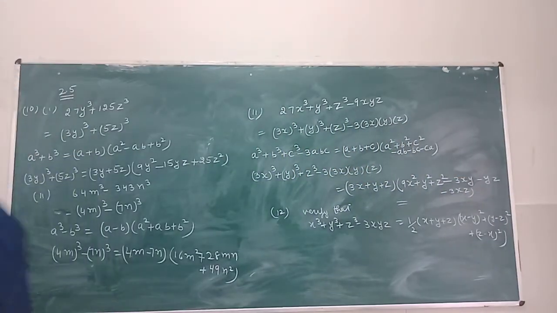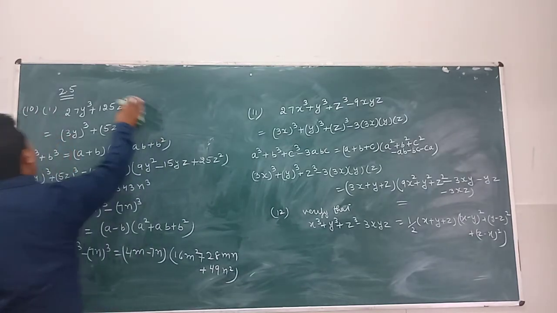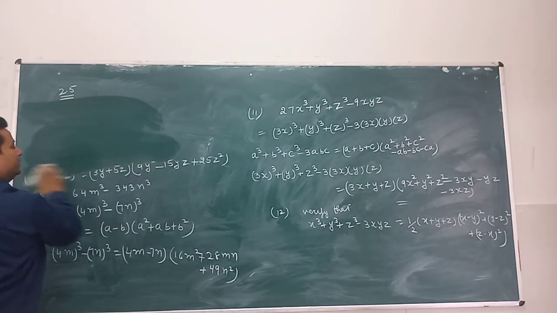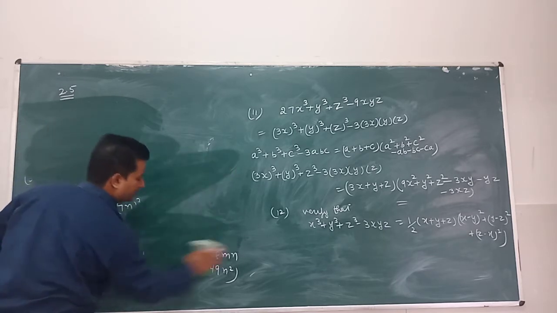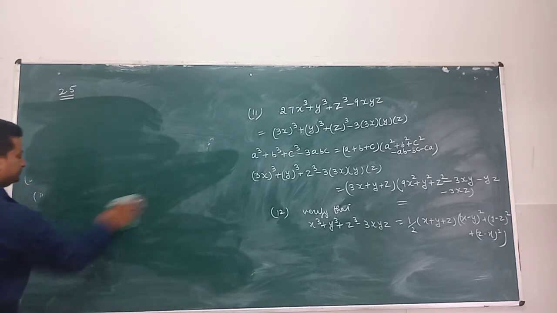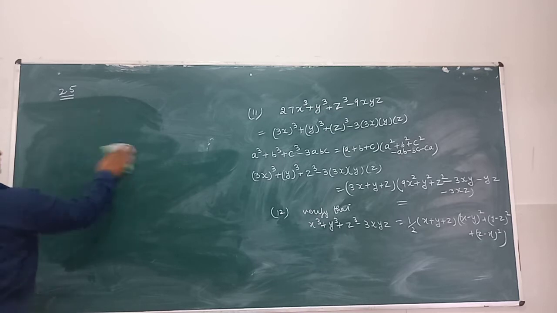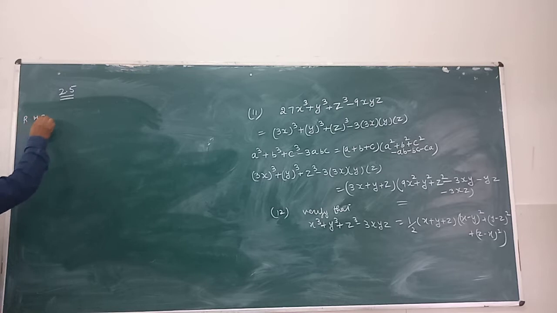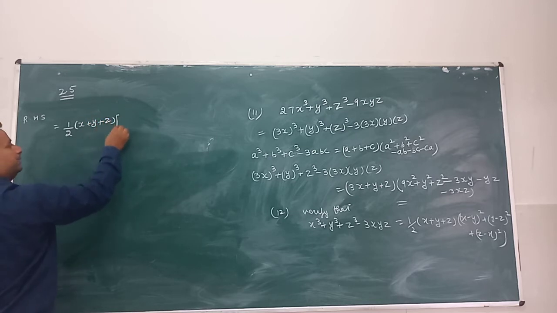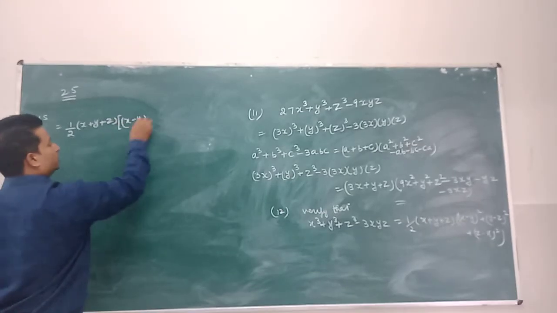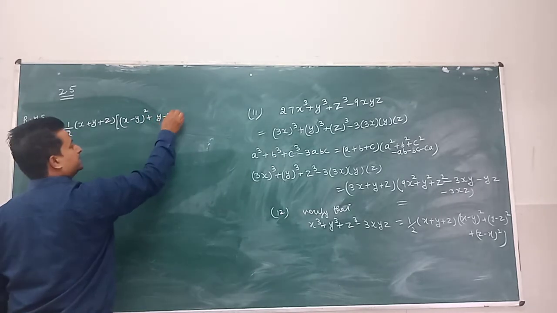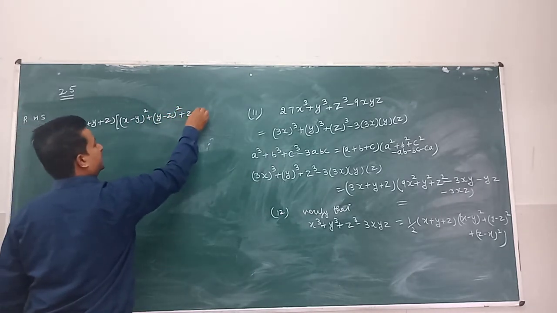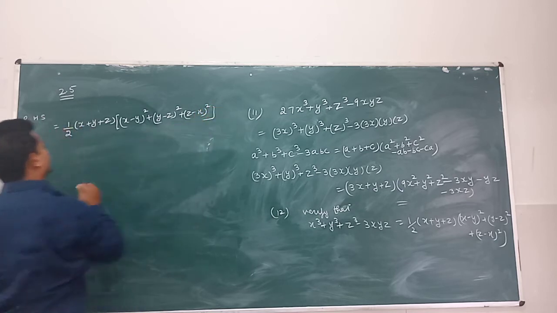For proving this, we take the right hand side of this question. The right hand side is 1/2 (x plus y plus z), (x minus y) whole square, (y minus z) whole square plus (z minus x) whole square.